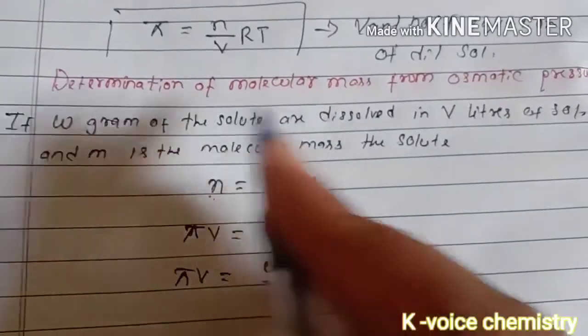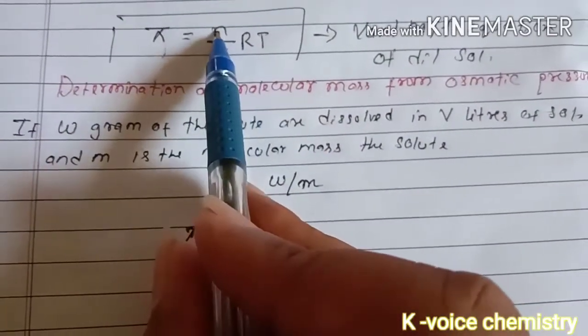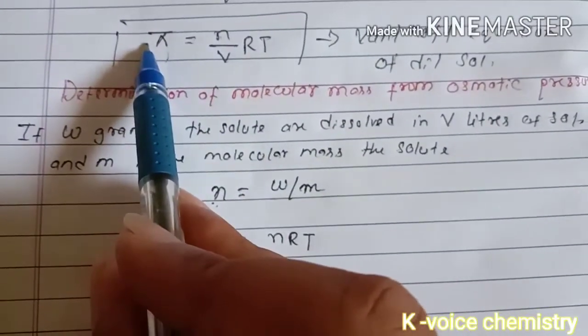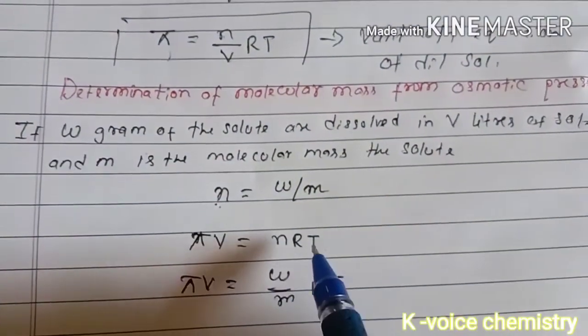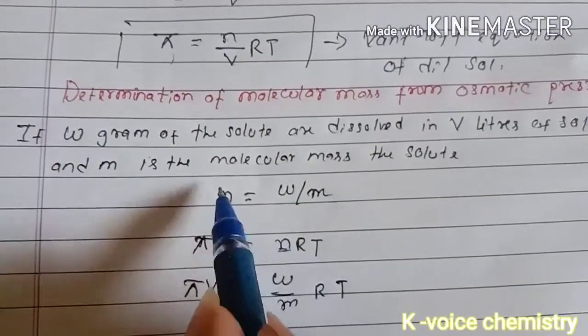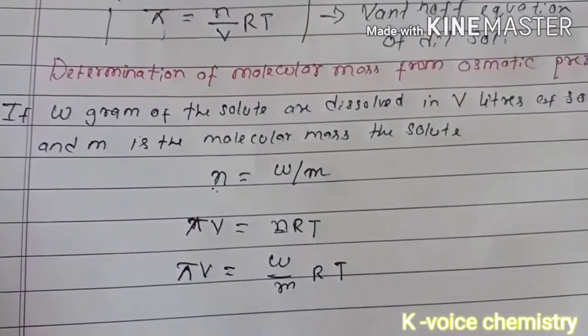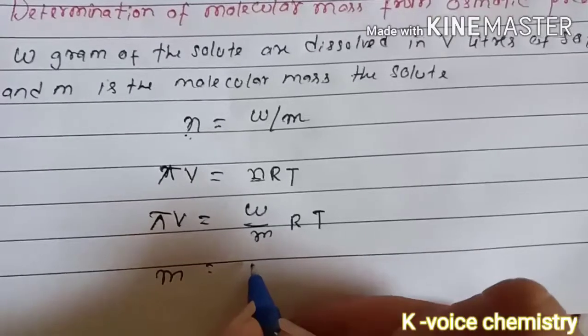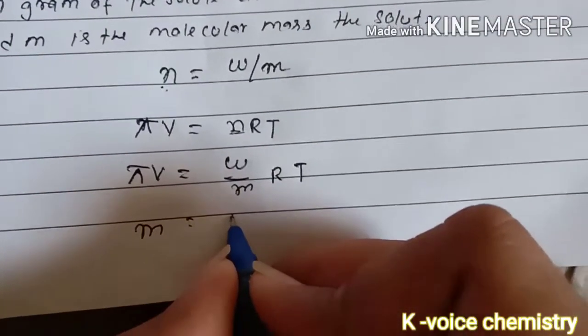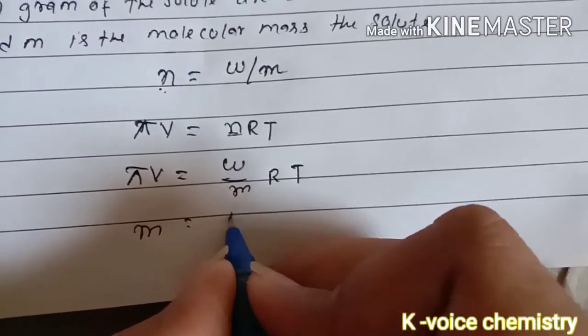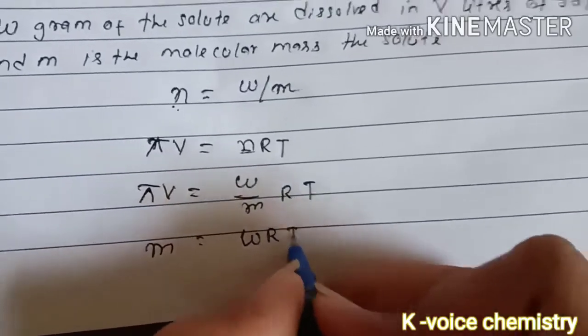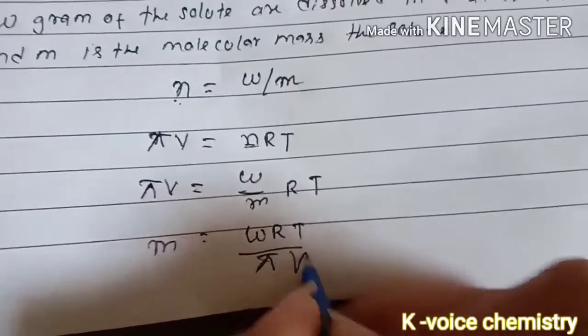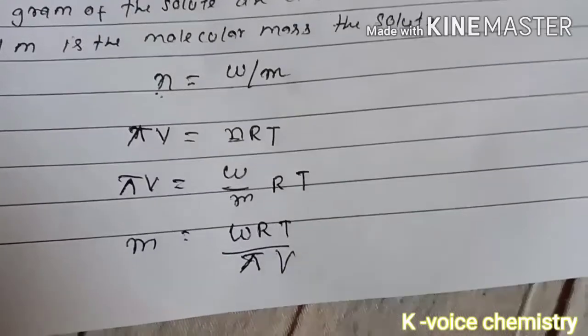This equation came from here: we multiplied V to this side, so we get this equation, and here we have substituted the value of n. I hope that it's clear. So now the value of M will be WRT by pi V.